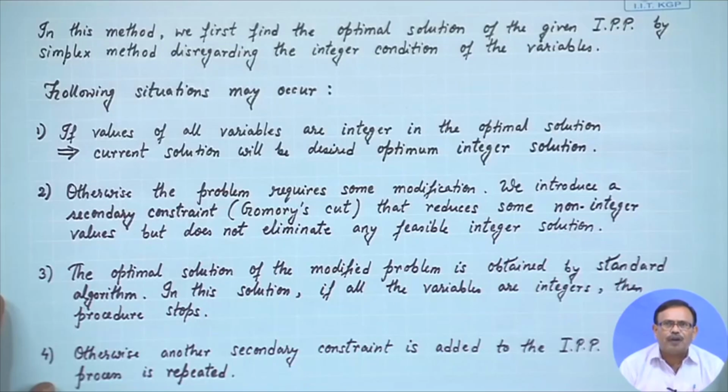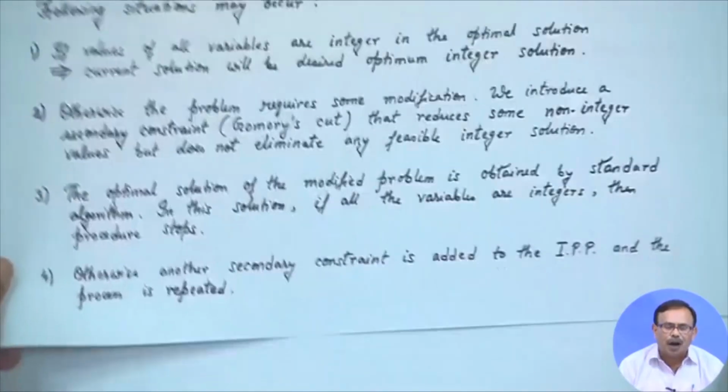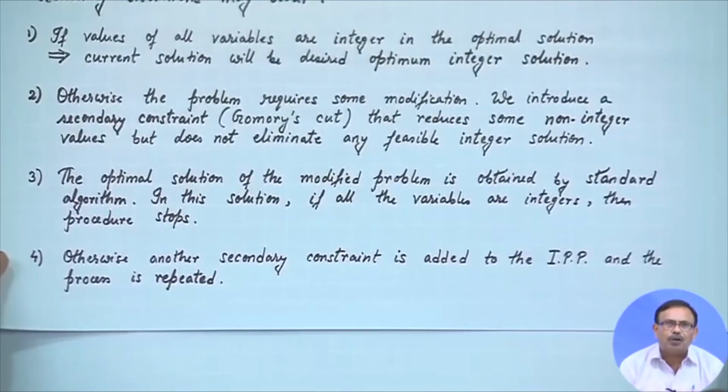Whenever we solve the integer programming problem this way, some situations may arise. The first situation is if the values of all variables are integers in the optimal solution, obviously that implies the current solution will be the desired integer solution.